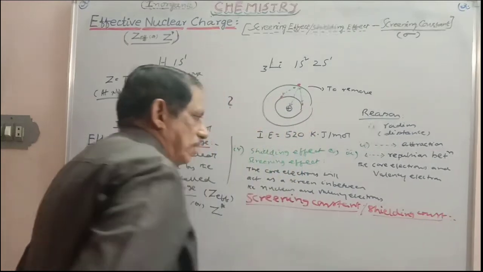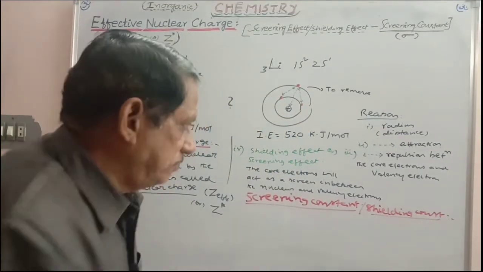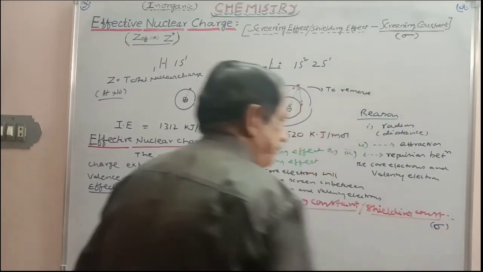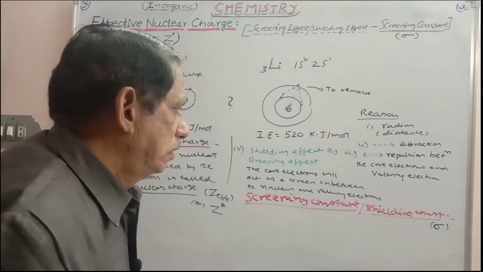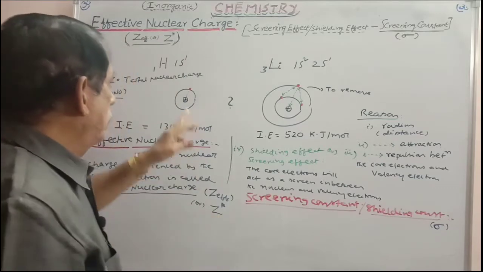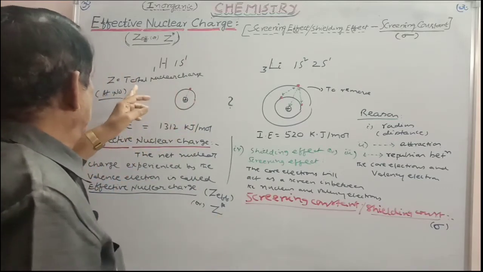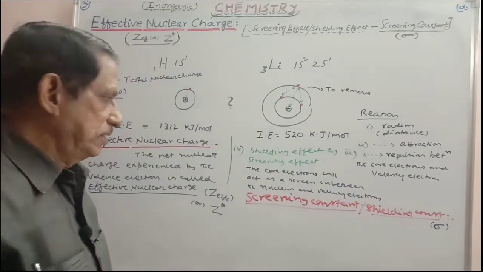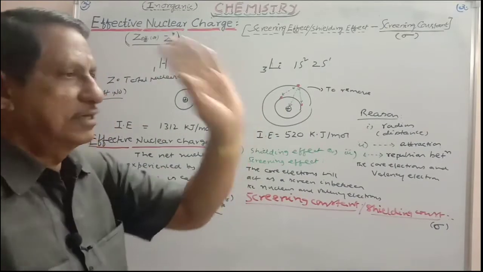Shielding constant or screening constant, which is represented by the symbol sigma. The difference between the total nuclear charge and effective nuclear charge is nothing but the screening constant.